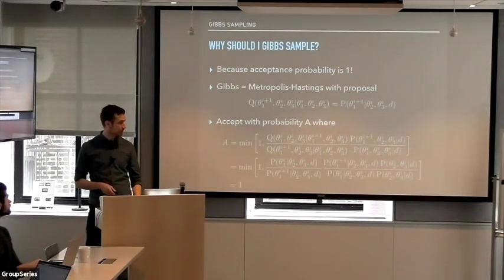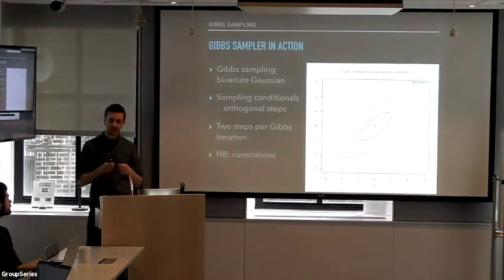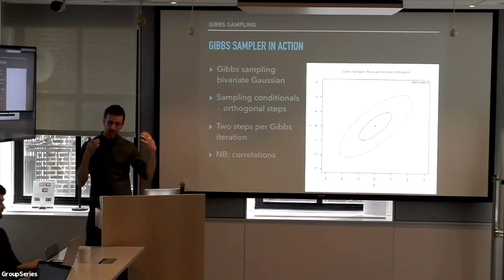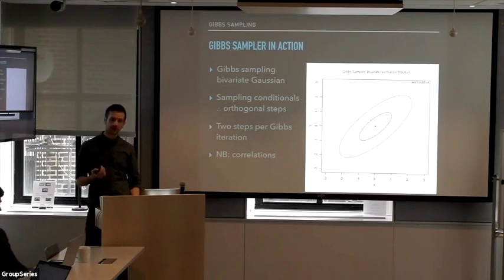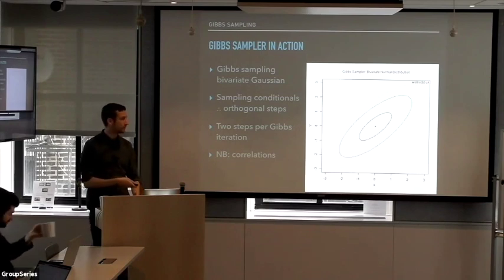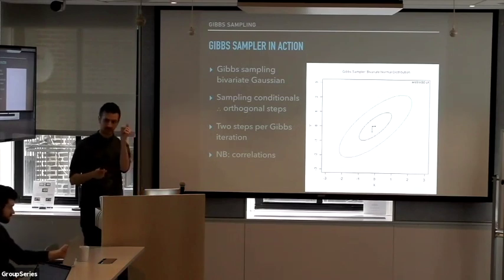And so even though you have strong correlations and a large lag, you accept every single proposal. And so you don't care about the dimensionality, you don't care about particularly curving degeneracies, although it can be challenging because you're fundamentally making steps like that.